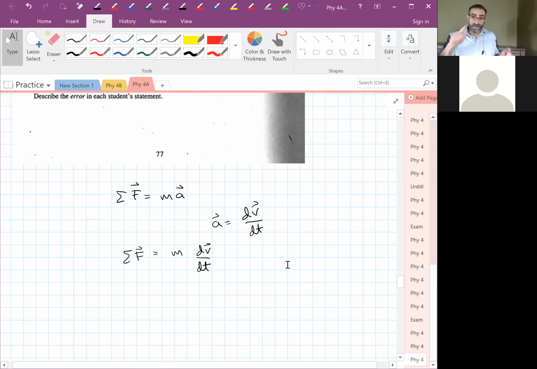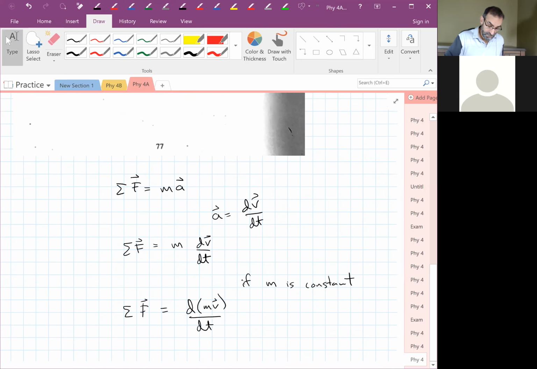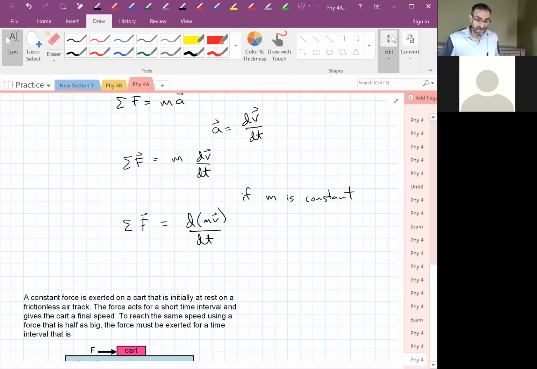So we're going to move the mass inside. If the mass is constant, we can bring it inside, right? If constant, we can write it this way. What is m times v?